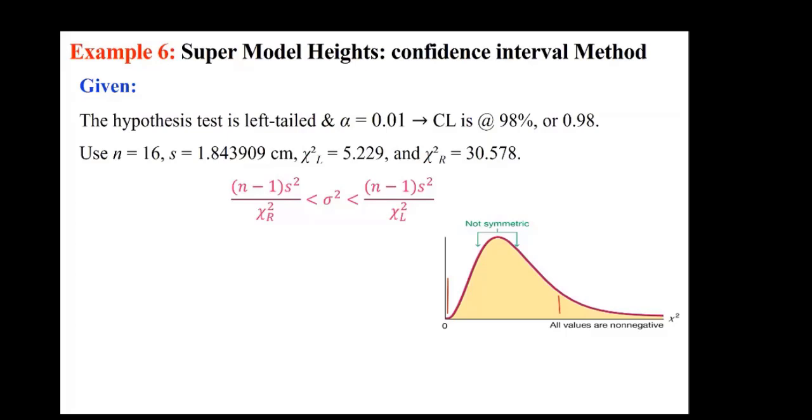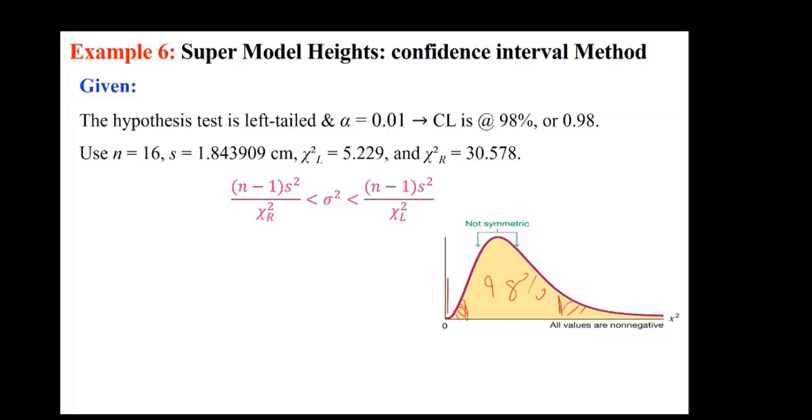So with that being the case, we just use the formula (n minus 1) s squared over chi squared of the right less than sigma squared less than (n minus 1) s squared over chi squared of the left. This is the formula we see in the previous chapter when we did with the confidence interval. So we have 98% in between because this was 1%.